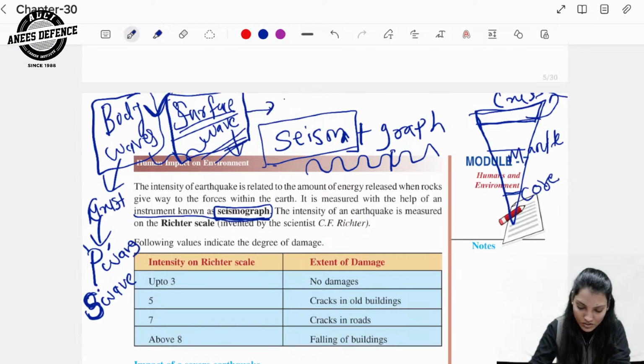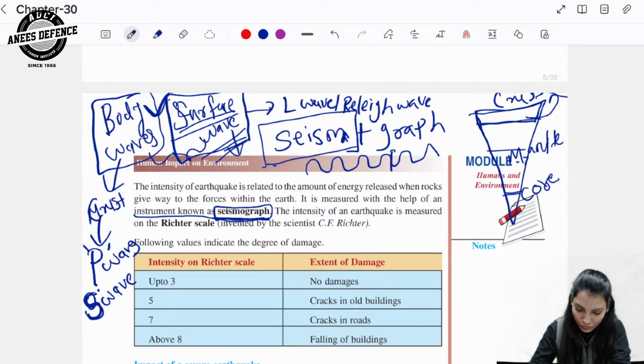Here only one type of wave is there, L waves. This is also called the relief wave. You will learn all this in your geography section, where you have the types of waves in great detail.